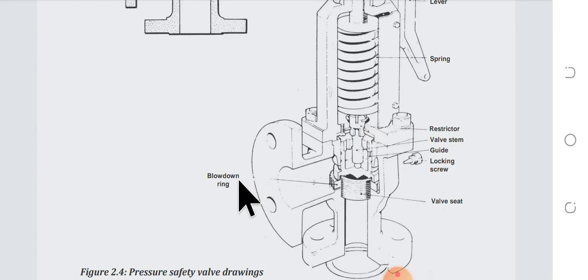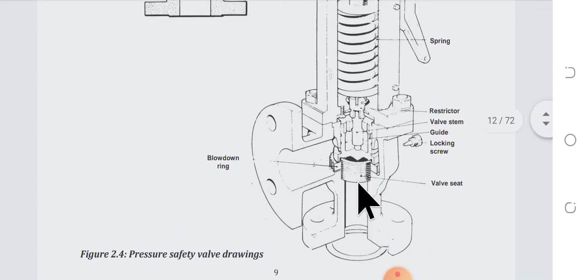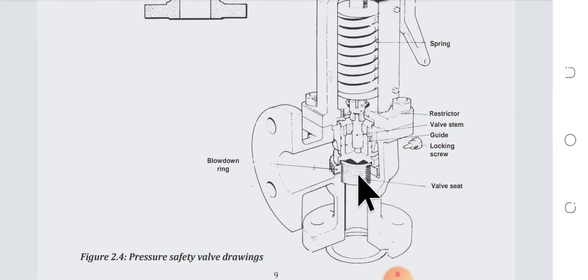For example, if the pressure rises more than 16 bar, the steam coming from this point exerts a force more than the spring force on this area. You can simply find out the force: we have a pressure like 16 bar, and the formula is pressure equals force upon area. We know the diameter of this piston, so we can calculate the force.